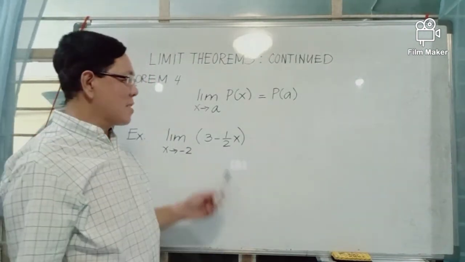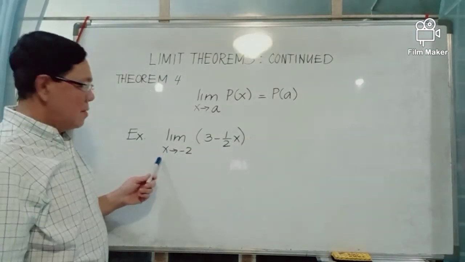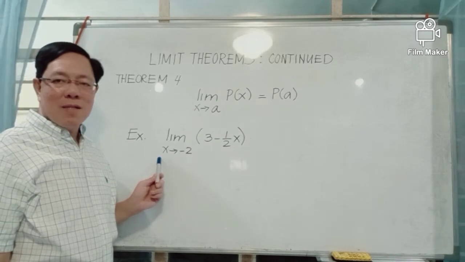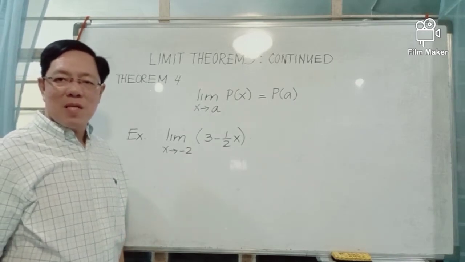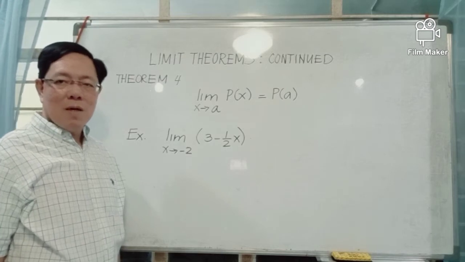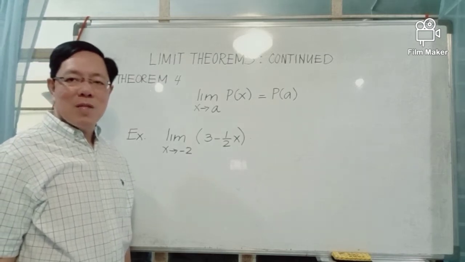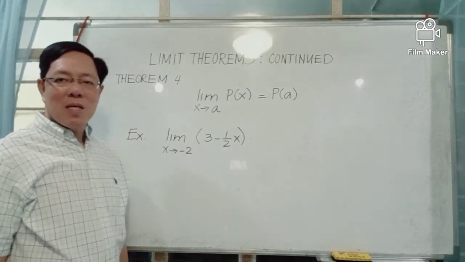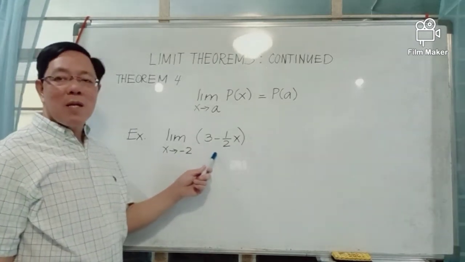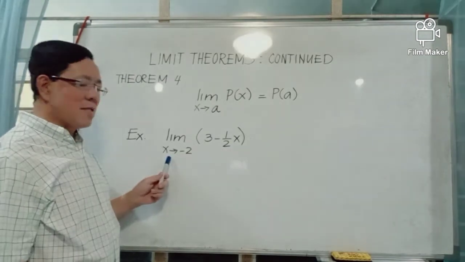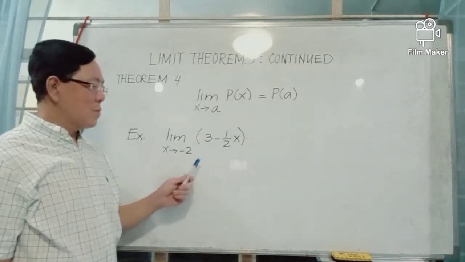Consider the following example for which we will apply the third limit theorem, the limit of mx plus b as x approaches a, which we said earlier is equal to ma plus b. We evaluate the limit of 3 minus 1/2 x as x approaches -2.